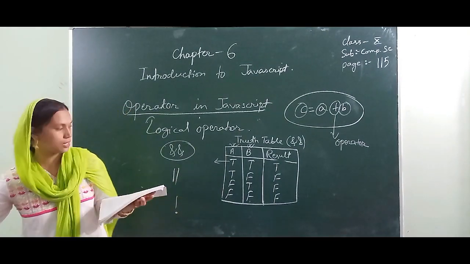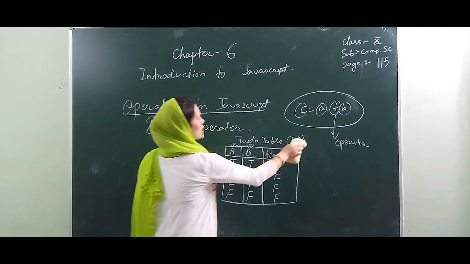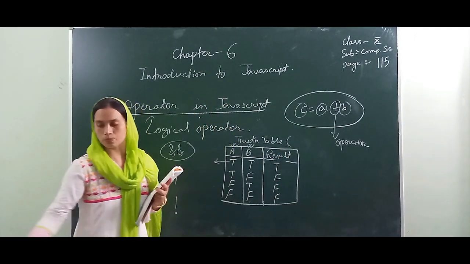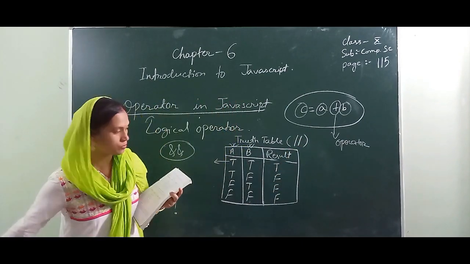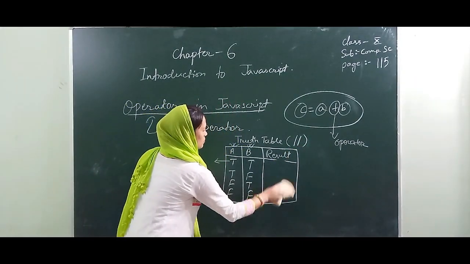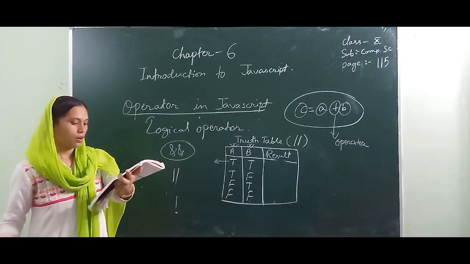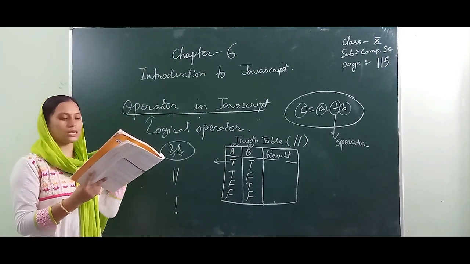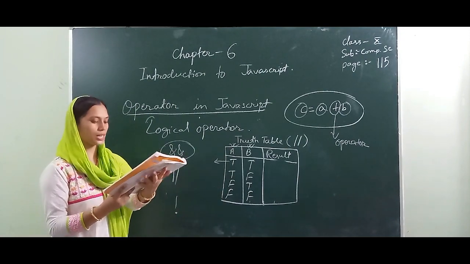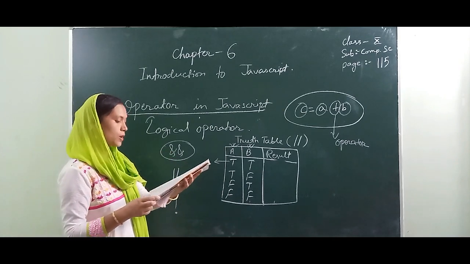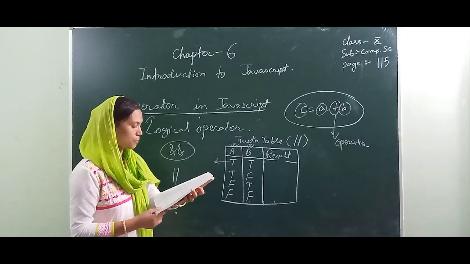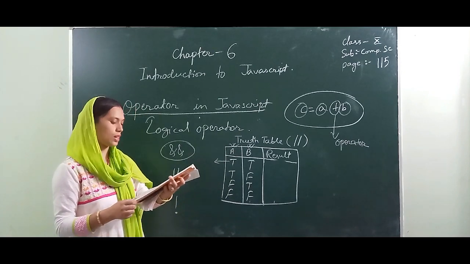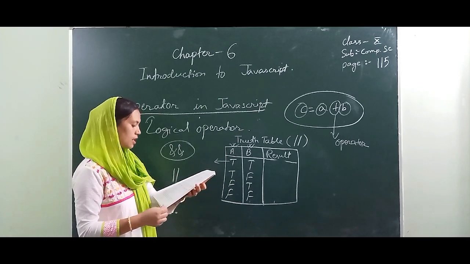Next, OR operator. For the OR operator also, let's learn along with the truth table. OR operator will result in false if both the conditions are false, otherwise true. That means opposite to the AND operator, here in the OR operator, the result will be false only if both the conditions are false.